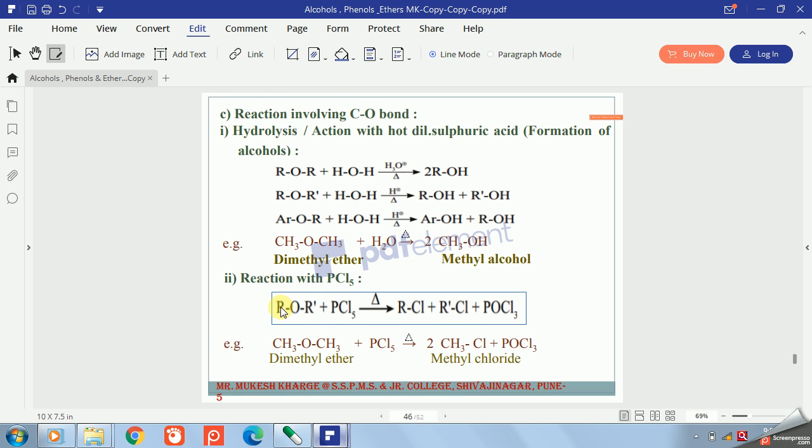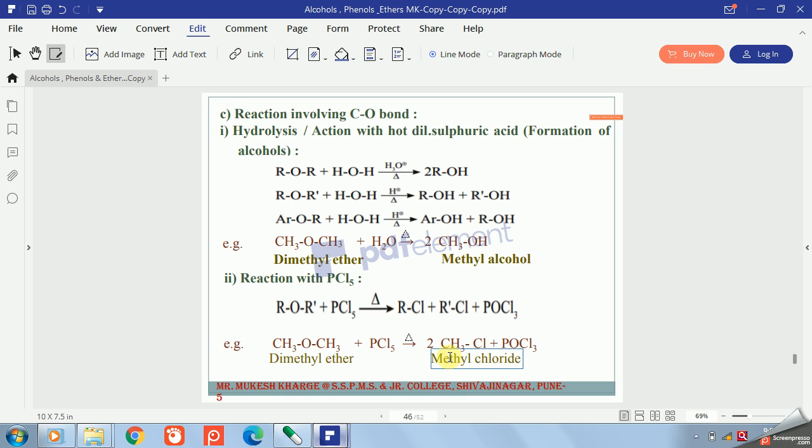So let us see the reaction. If R and R' are the same, CH3OCH3 reacts with PCl5 on heating, what do we get? We get only one type of alkyl chloride, that is CH3Cl plus POCl3. So for balancing, write 2, and the product is methyl chloride. So when we have to prepare alkyl chloride from ether, you have to write the reaction with PCl5.